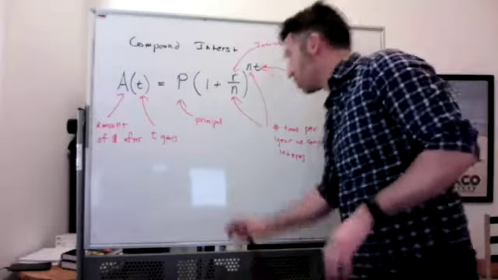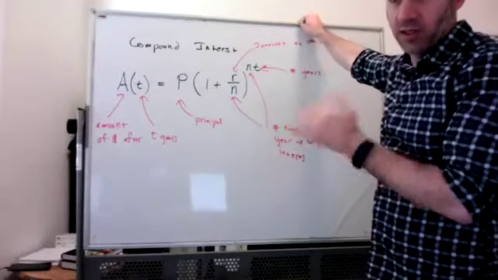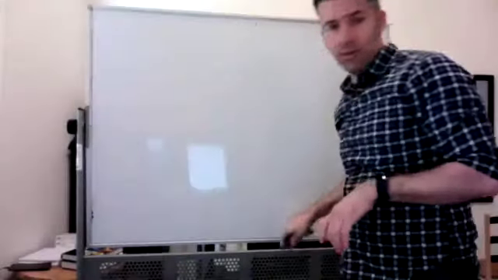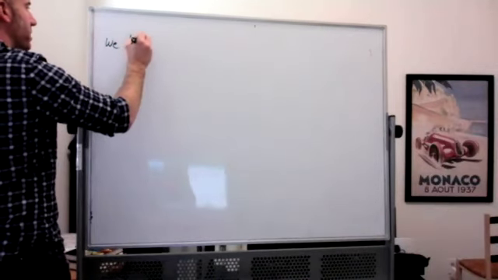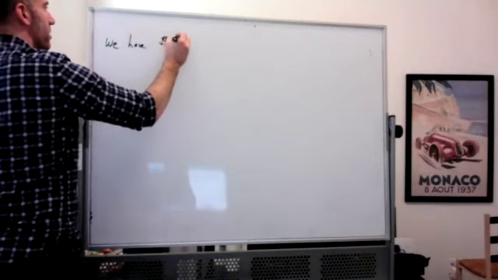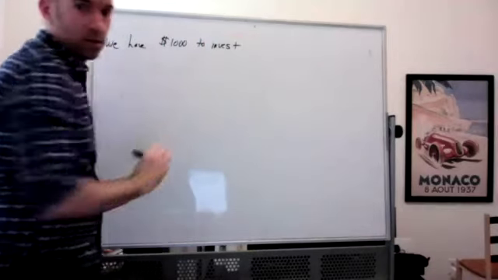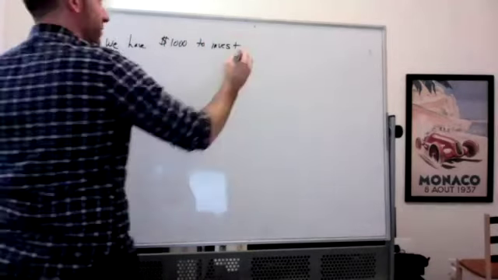So there's our formula. And we're just going to throw our stuff into the formula. We're going to talk about how it's different than the simple interest formula. So here's the example. We have $1,000 to invest for 10 years.